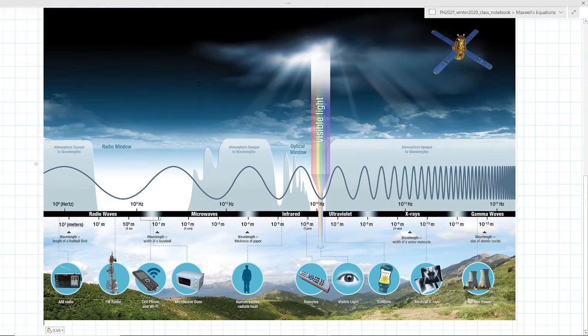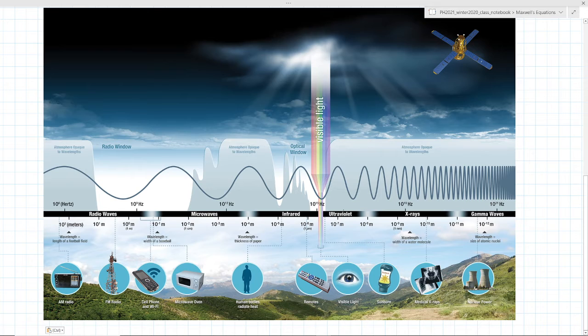So this covers everything from, on the long wavelength end, things like radio waves, which can have wavelengths of greater than hundreds of meters, to microwaves, to infrared, which you think of as being like night vision. Visible light is just a small sliver. The range that we're sensitive to, that we can detect with our eyes, is actually pretty small.